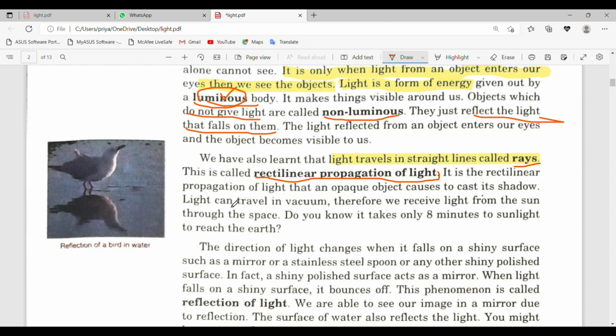Again, one more property of light is that light can travel in vacuum. It takes only 8 minutes to travel. It means sunlight only takes 8 minutes to reach the earth from the sun.